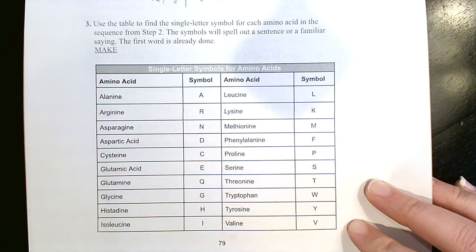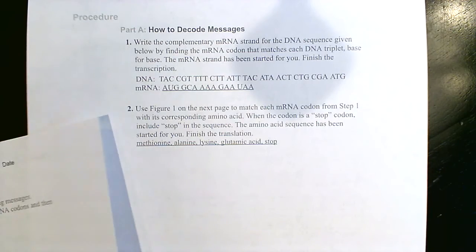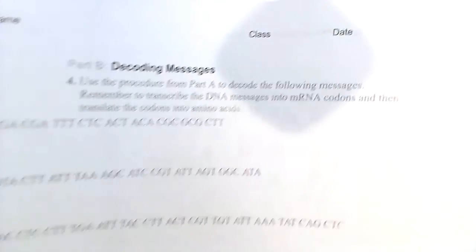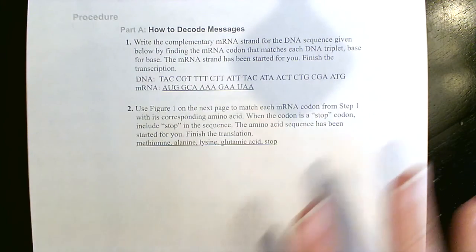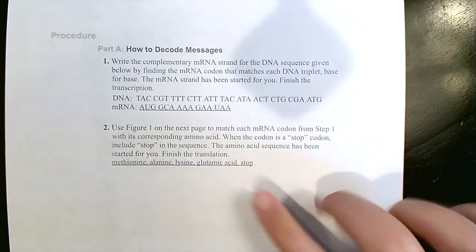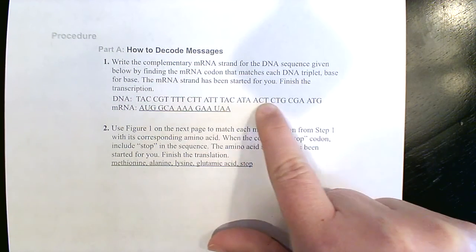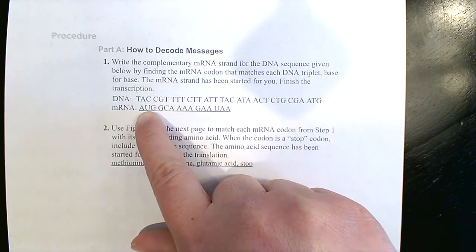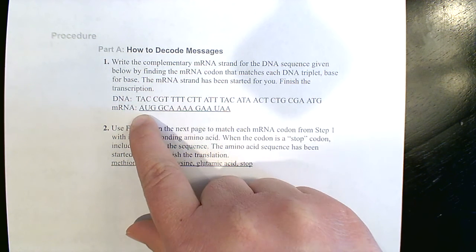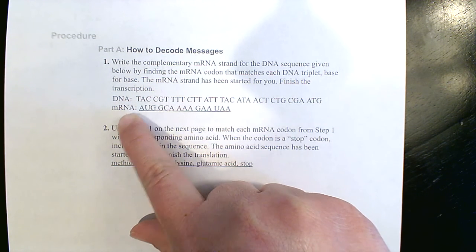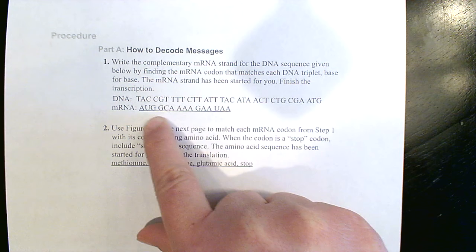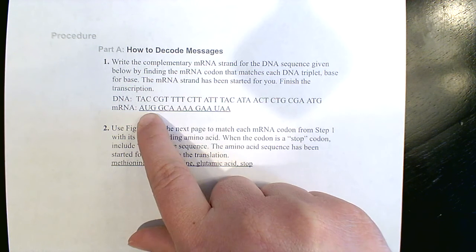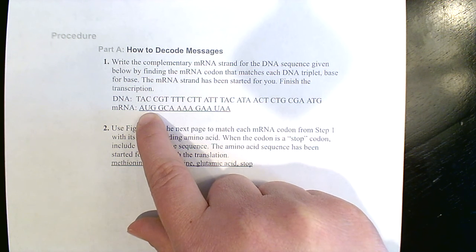All right, so let's give it a look here. Their example starts like this. This was the DNA. They transcribed it, so they made the mRNA that would come from the DNA. It starts with the AUG.